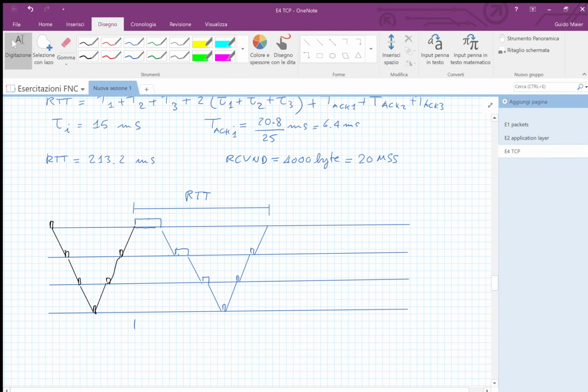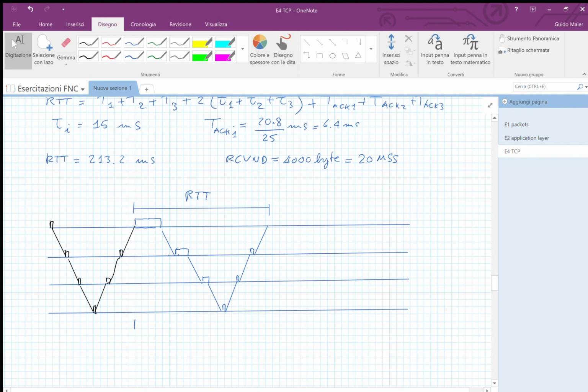As we have seen in the previous exercise, the send window is always set to what? What is a send window?